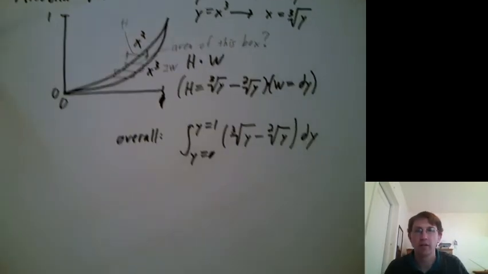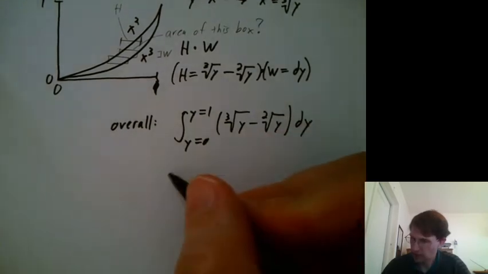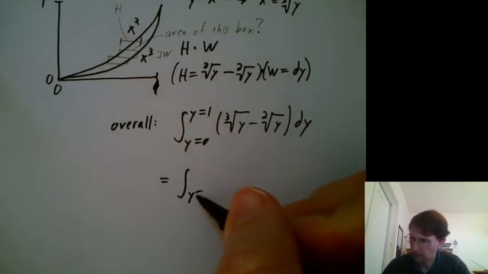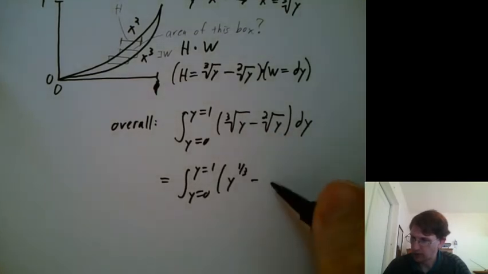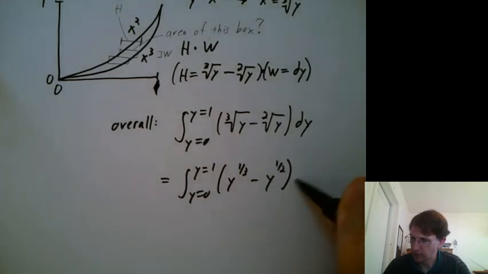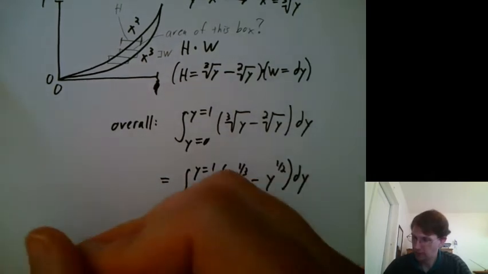dy. Is that going to be a super easy integral to do? Horrible? Well, it's not that bad. If I rewrite the cube root of y as y to the 1/3 and the square root of y as y to the 1/2 dy, then I can use the power rule.